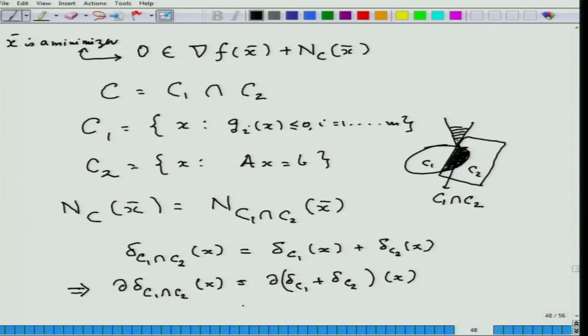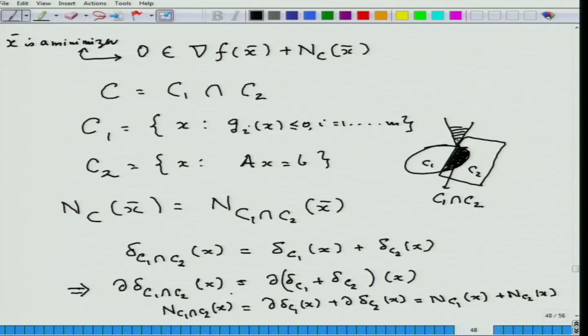Then you can apply the sum rule, the calculus rule, to write this, and this is nothing but the normal cone. See how the calculus rule for subdifferential gives you a calculus rule for the normal cone, and that is the beauty, the link between the geometry and the analysis.